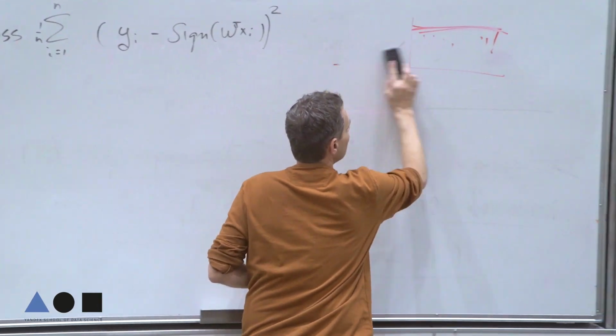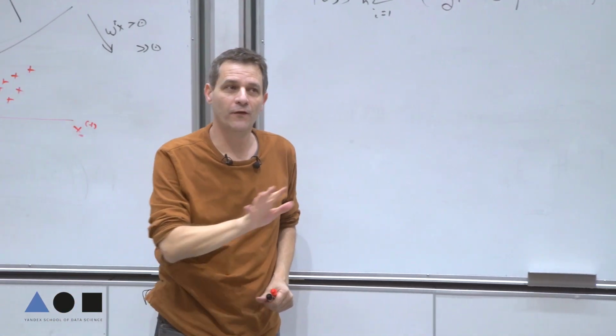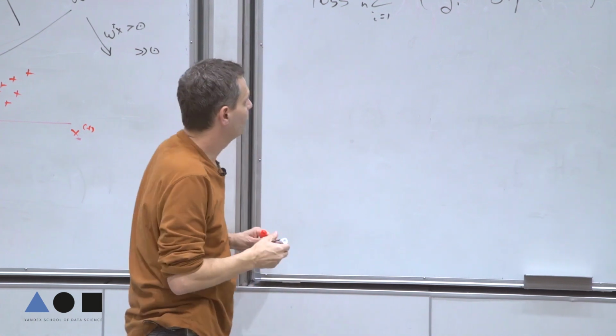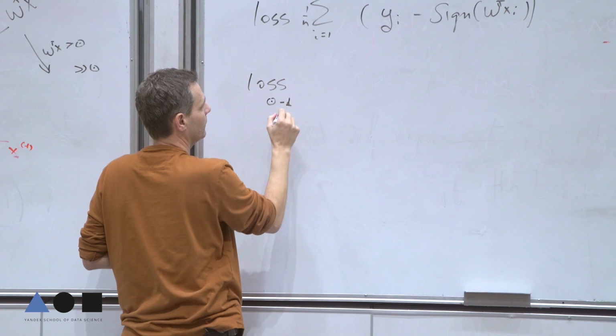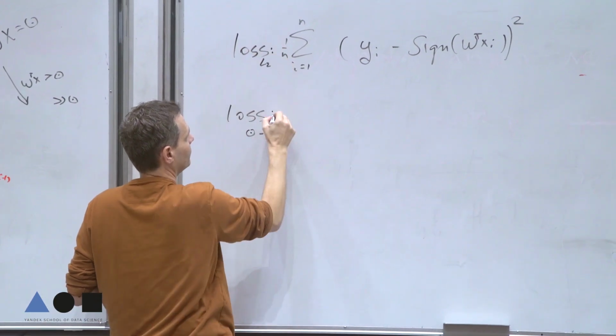This is also the reason why you don't want to use the following loss. Here's another loss that you don't want to use. You could have what is called a 0-1 loss. This was the L2 loss.